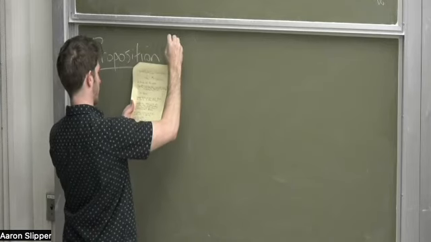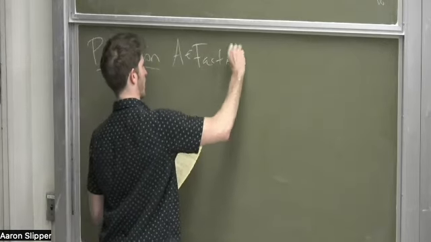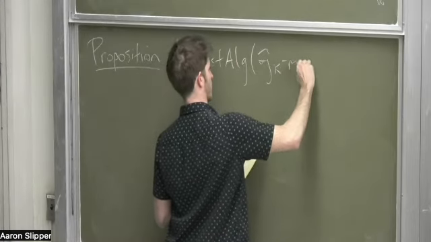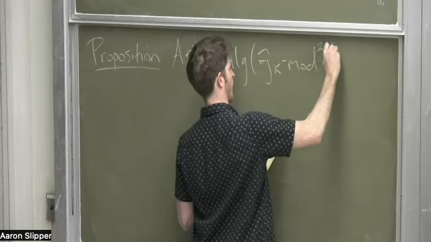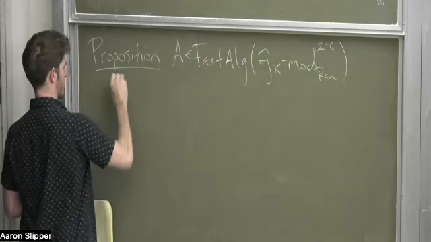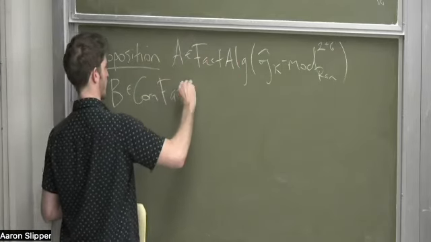Let A be a factorization algebra in the Kac-Moody category, and B just a plain commutative factorization algebra.